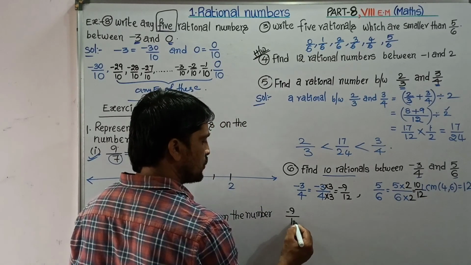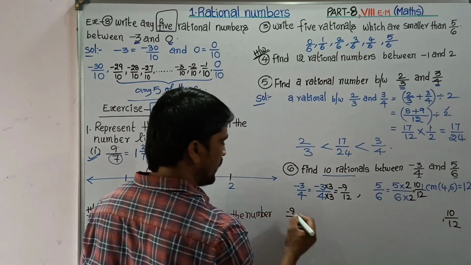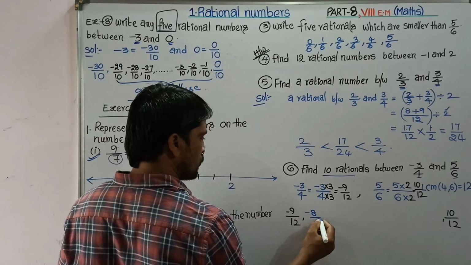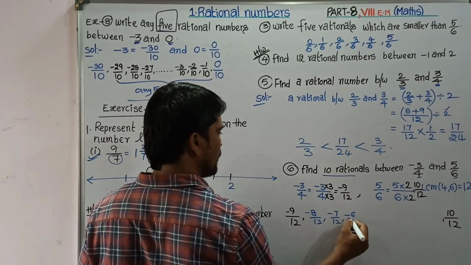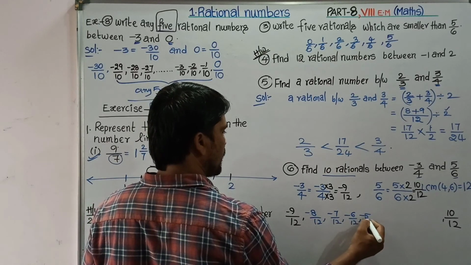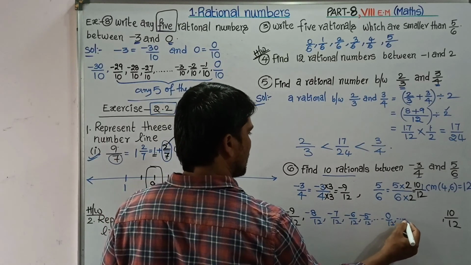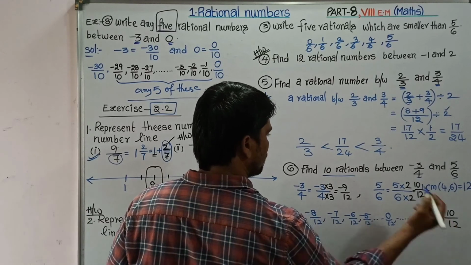Between minus 9 by 12 and 10 by 12, we can write many rational numbers like minus 8 by 12, minus 7 by 12, minus 6 by 12, minus 5 by 12, and so on, 0 by 12, and so on, 8 by 12, 9 by 12.